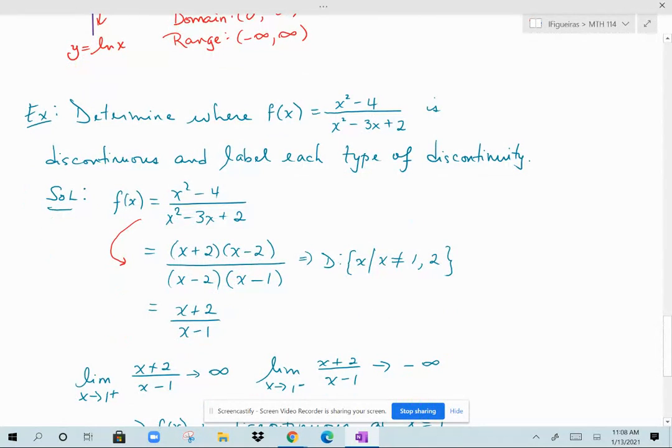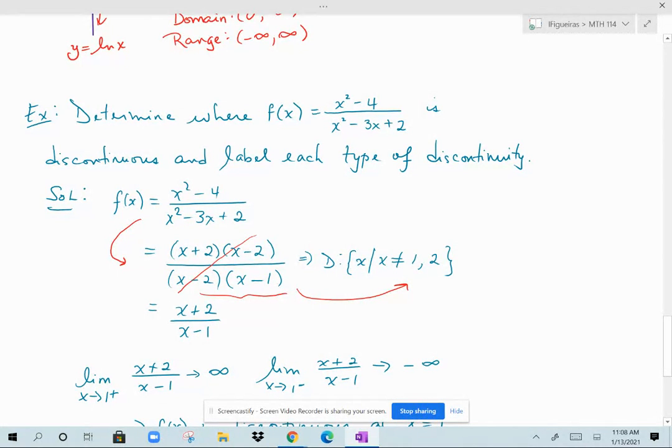But when I factor, you can see that the x minus 2's cancel. When that happens, that's something special in terms of what's going on with the graph. That factor where they cancel is going to end up being a hole. But we know immediately from this denominator that I have 2 restrictions to the domain, at 1 and at 2.